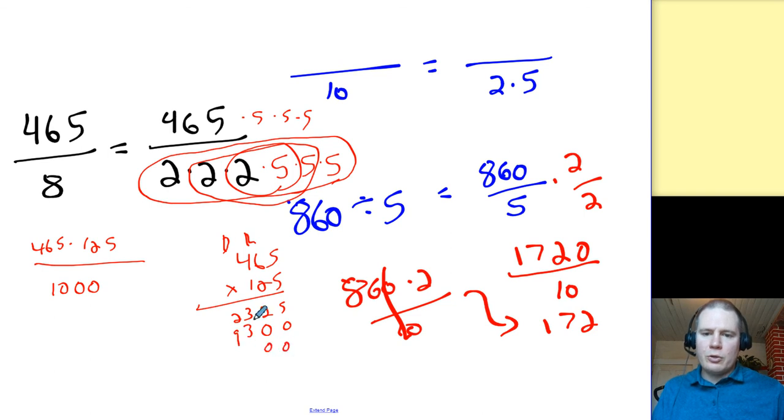Move over 2 places. 1 times 5. 1 times 6. 1 times 4. Add that all up. I get a 5 and a 2. 5, 6, 7, 8, 9, 10, 11. 9 plus 1 is 10, 16, 17, 18.